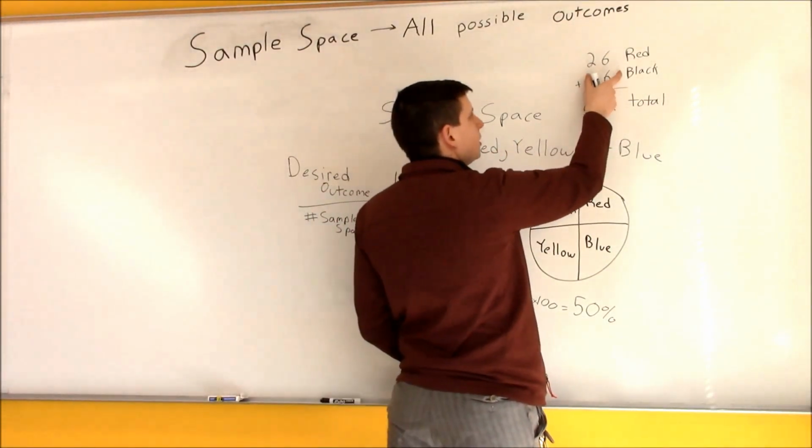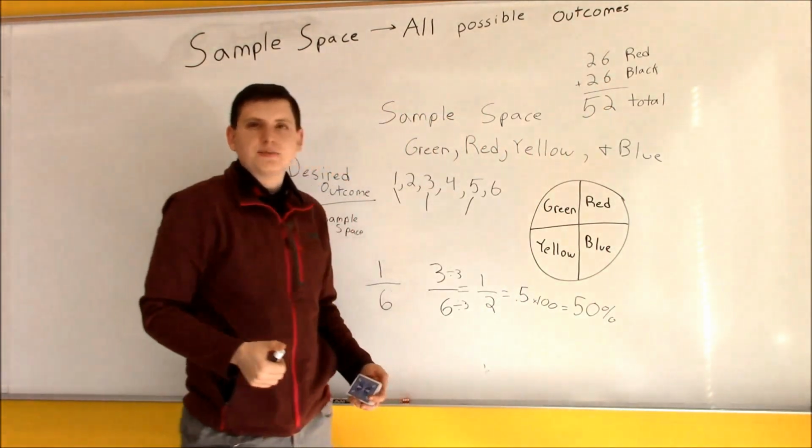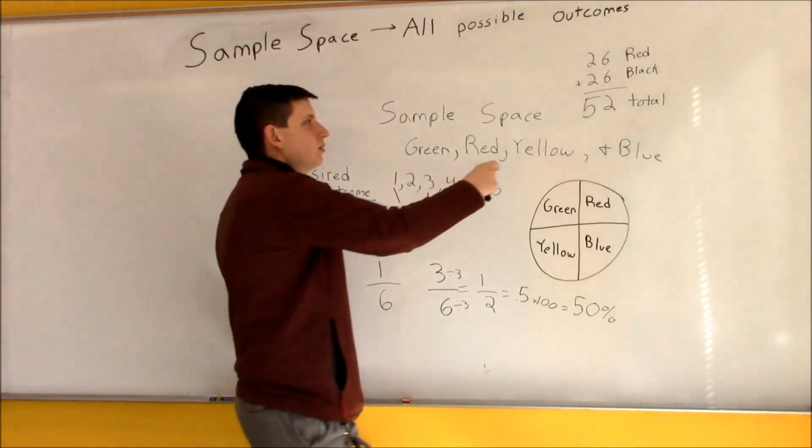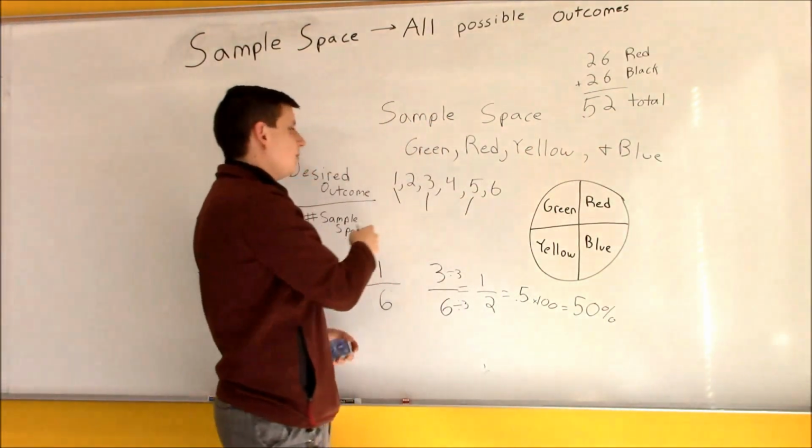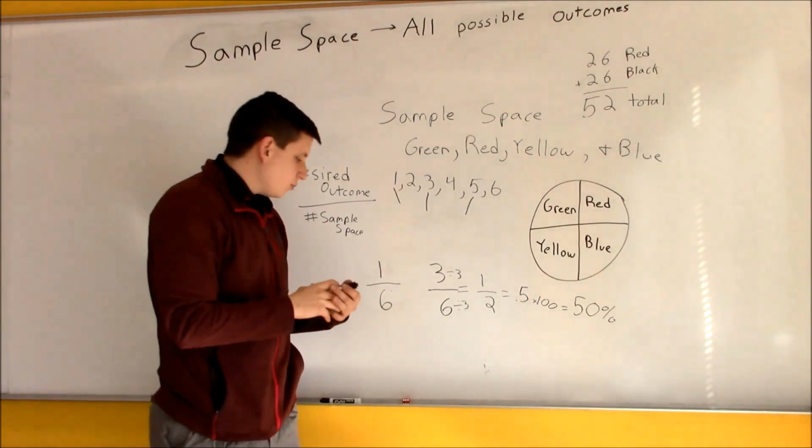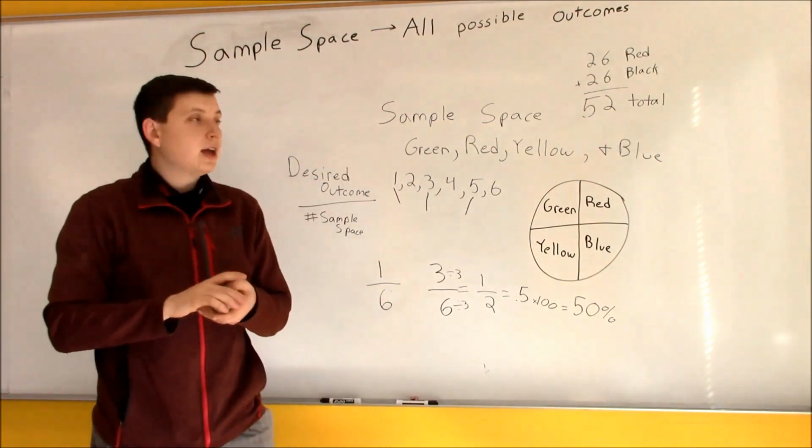So in my sample space, I have 26 red and 26 black, so I know that the total number is 52.